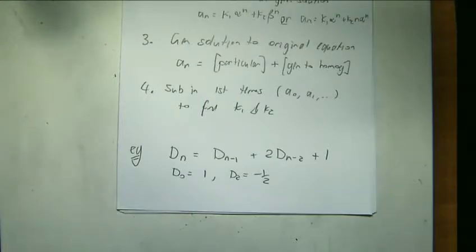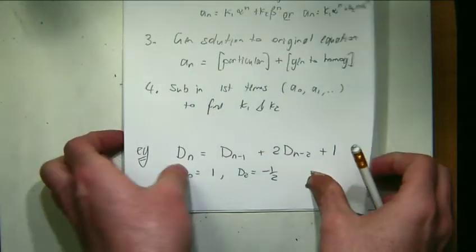Yes, because the latest term is n and the earliest term is n minus 2, and they're 2 apart. Nothing's multiplied by anything else, so yes, it's definitely linear. The coefficients are 1, 1, and 2, so they're constants. It's not homogeneous because of that plus 1. I'm going to have to rewrite it so that everything equals a constant to make the whole thing work properly, because that's what my process says I should do.